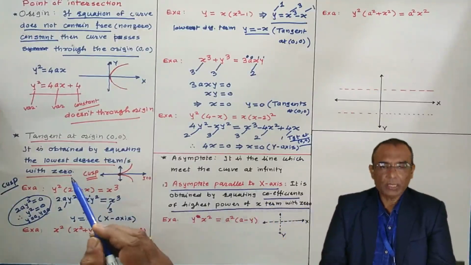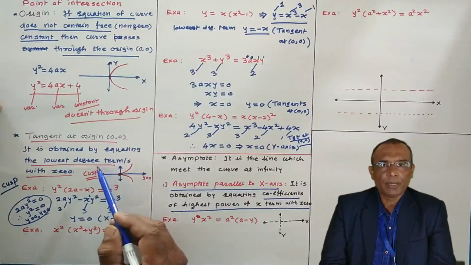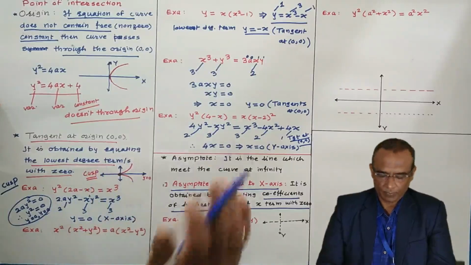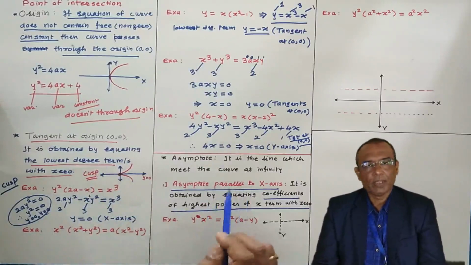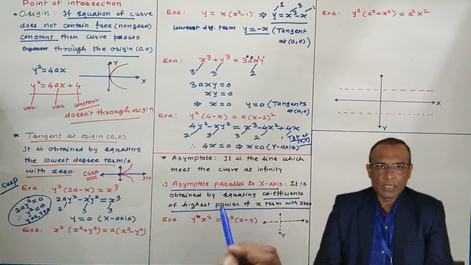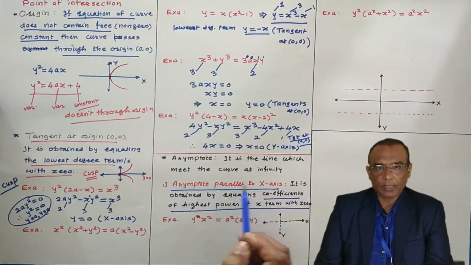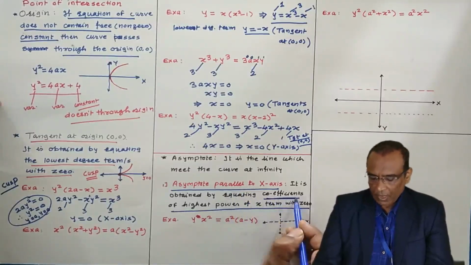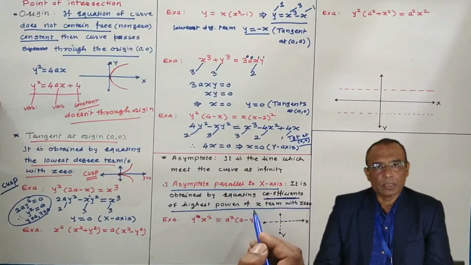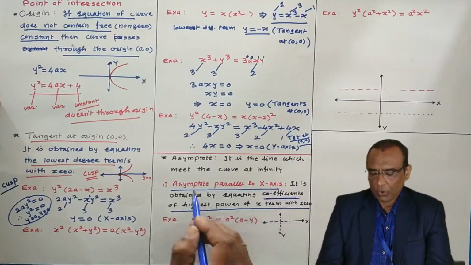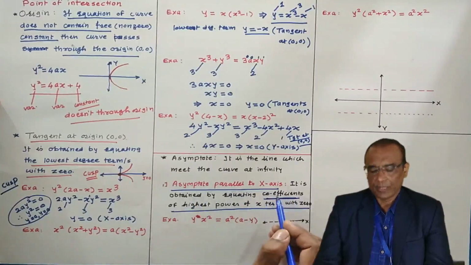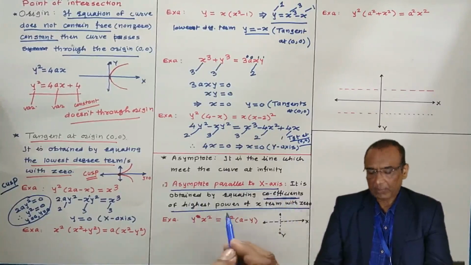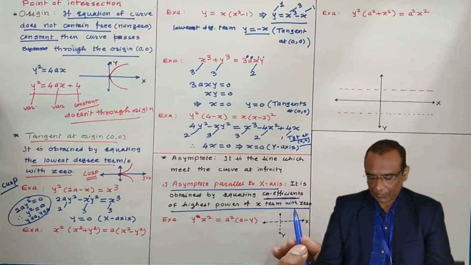When we found the tangent at origin, we equated the lowest degree term to 0 directly. Here we are not equating the lowest degree term or the highest degree term to 0. Here we are equating the coefficient of the highest degree term in x to 0 for the asymptote parallel to the x-axis.